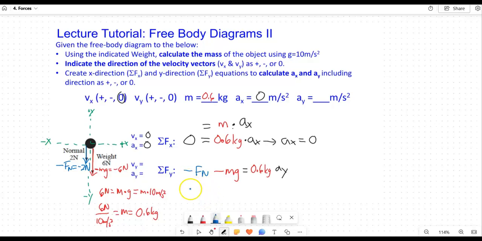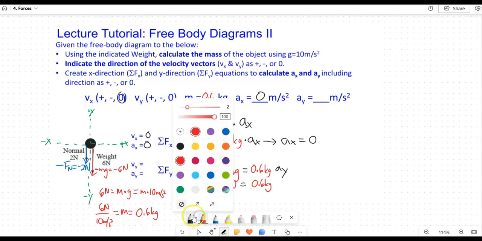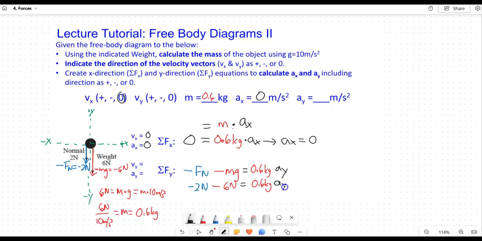So if we put in our numbers, that negative normal force is negative 2 newtons, and the weight is negative 6 newtons. That's going to be equal to 0.6 kilograms times the acceleration in the y direction. Adding those two things up, we get negative 8 newtons, which is equal to 0.6 kilograms times the acceleration in the y direction.